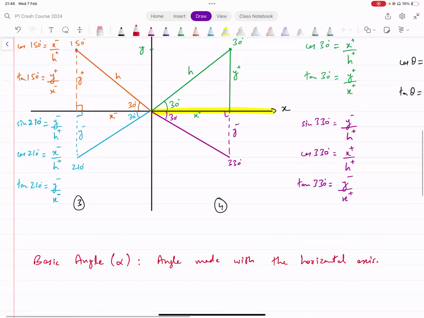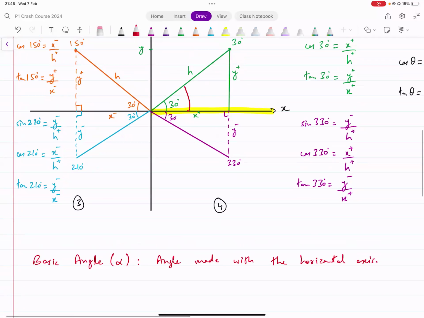Okay. So for example, the green line makes 30 degrees here. The orange line makes 30. The blue line makes 30. The purple also makes 30 here. So all of these lines are making 30 degrees with the horizontal axis.